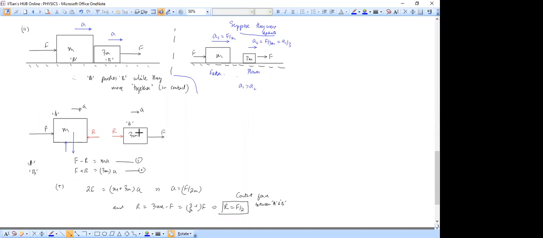And there is this one's weight, which is 3 mg, and the normal reaction acting on this one. Okay, so just make a note of this, and next up we will do one more part of this question before we move on to something else.